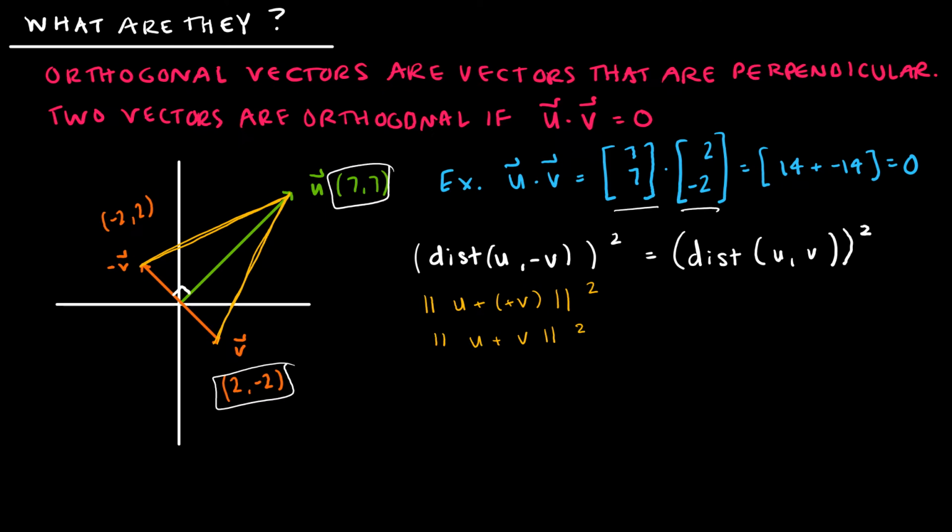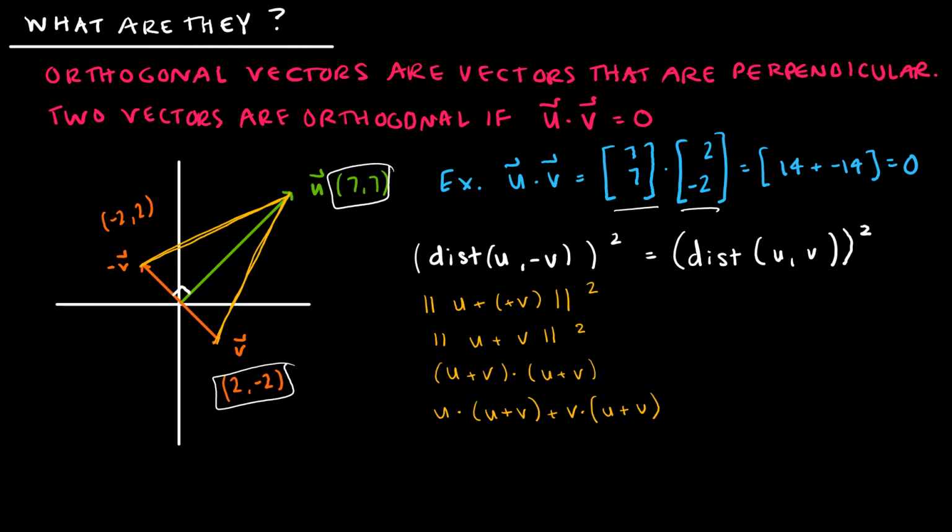Square it. So the distance of u plus v would be u plus v and the inner product with itself, u plus v. Oops, not squared anymore. Using some of the properties that we know, I have the inner product of u with u plus v, times the inner product of u plus v.